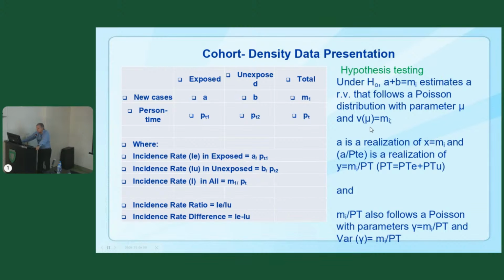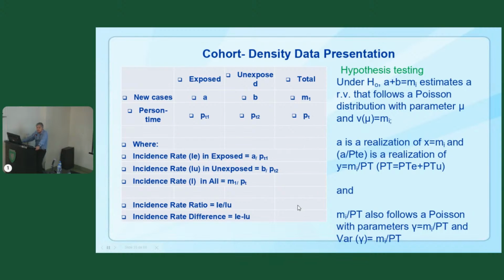I can then, with this, establish a measure of association like I did here on the left, and I can do my hypothesis test. My hypothesis testing is that under H0, exposure is not associated with the outcome. The way to represent that easily is to say M1 estimates a random variable that follows a Poisson distribution whose parameter mu and variance mu are equal to M1. I'm basically saying the incidence rate I'm getting should be M1 over PT.